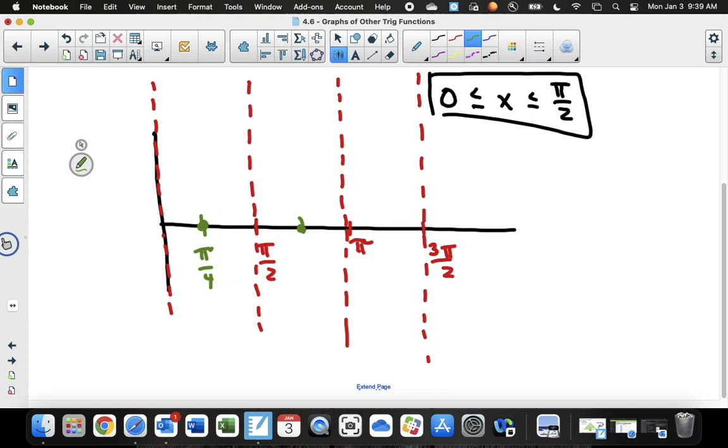If you start looking at this with common denominators, this is 1 pi over 4, there's 2 pi over 4, 3 pi over 4. The next asymptote's really 4 pi over 4. We're just going by fourths. So the next point would be at 5 pi over 4. If you get everything in the same denominator, you're just going by fourths.